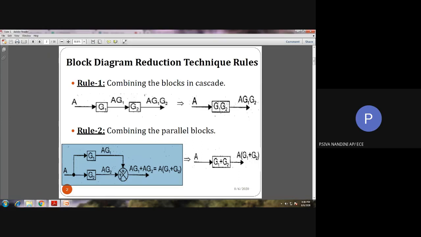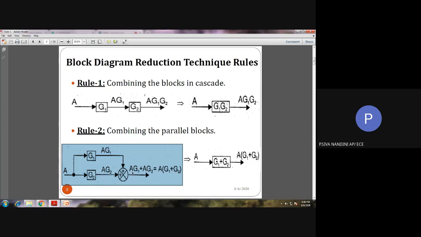If AG1 is fed with negative sign, our output will be minus AG1 plus AG2. Depending upon the sign given to the summing point, we will be obtaining the output from this type of blocks.